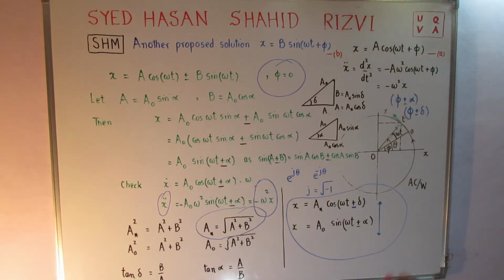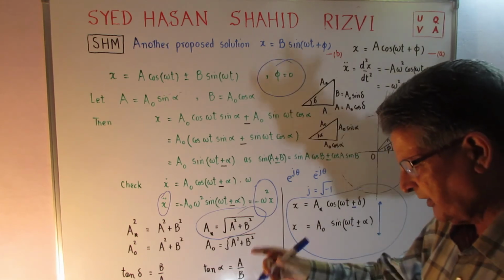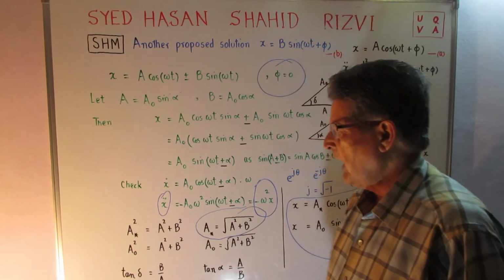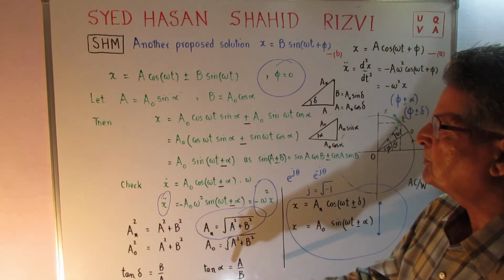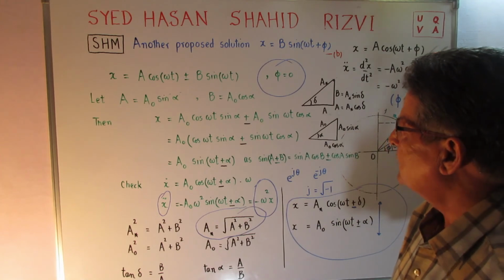So you can say that this is another constant, so there is no problem. Whatever way you like, you have the freedom, like you have a freedom of questioning, so you have a freedom of expression also, that you can express your sine function.